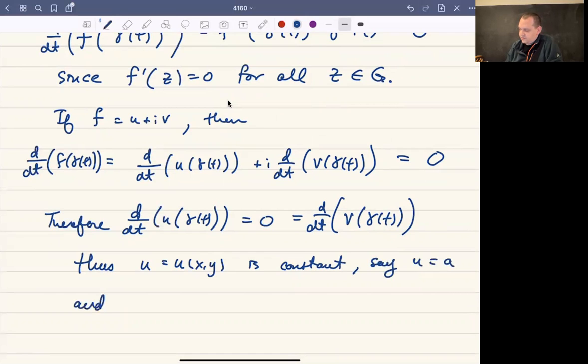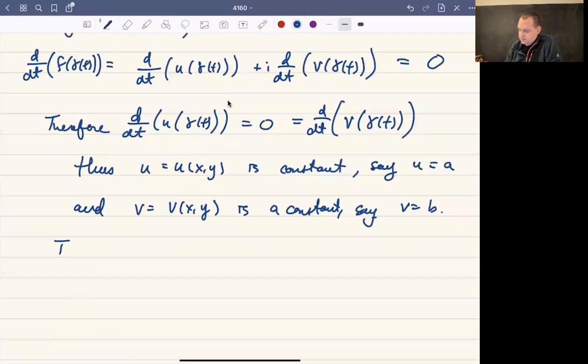And likewise, v is also a function of one variable, so v is a constant. Say v is equal to b. Thus, our function is also a constant, right? f of x plus iy is a plus ib. So therefore, that's also a constant function.